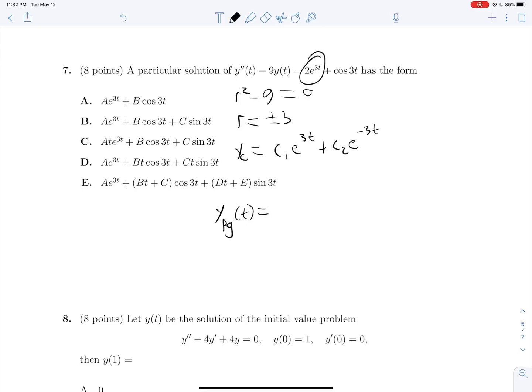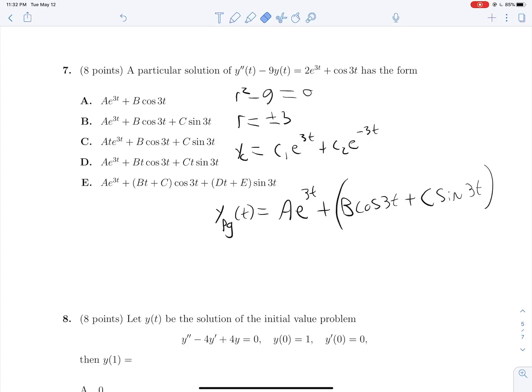So generalizing to e to the 3t, we'll just have some constant times e to the 3t, and generalizing cosine 3t, we will have b cosine 3t plus c sine 3t. Remember that sine and cosine always have to come together in a pair in this context. So now here is our ideal guess. Here is our yc.